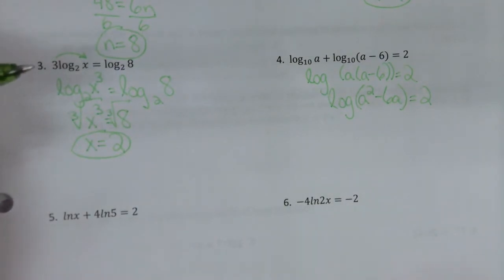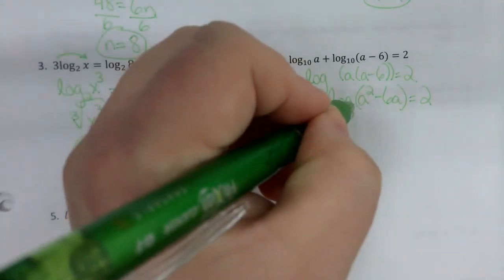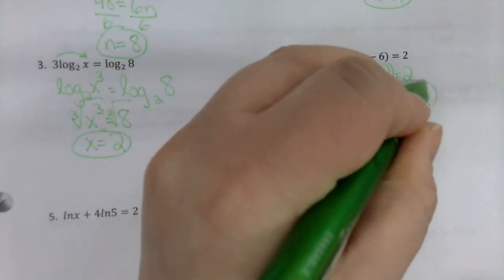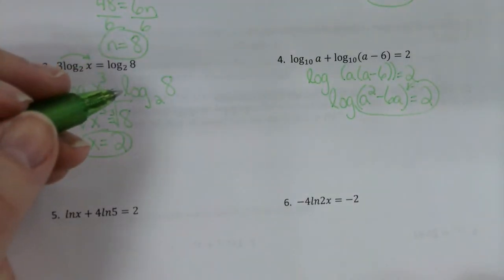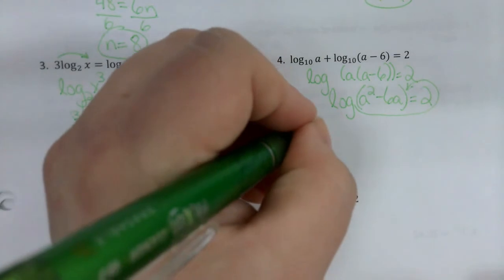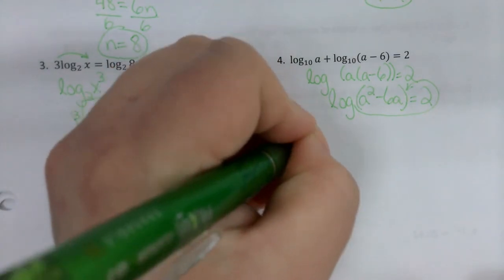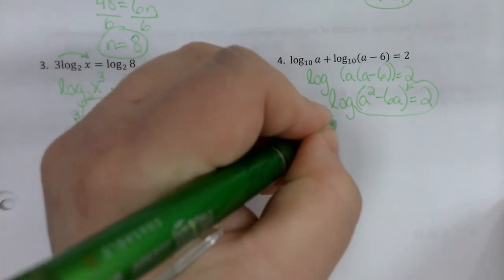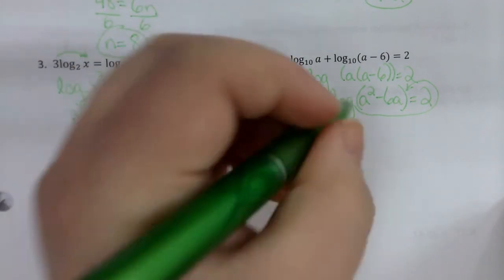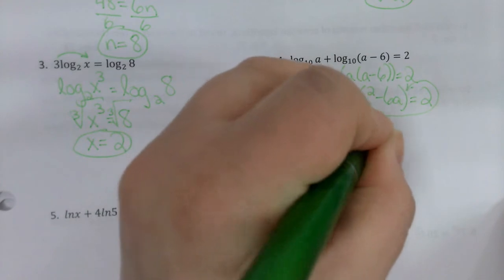So that's our second goal that we could use, which means that we would need to rewrite it into exponential form. But we have base 10, our exponent is 2, and the number we're trying to get to is a squared minus 6a.